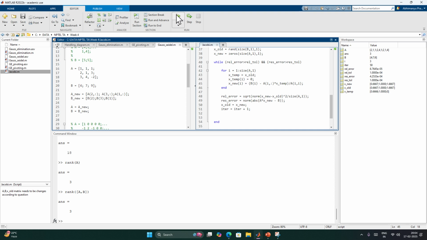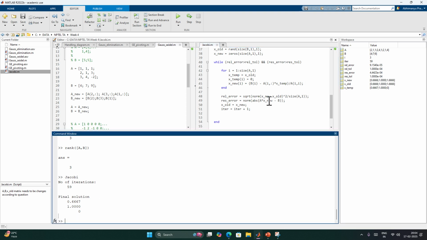It should converge. It's converging, but it's not converging to the correct answer.